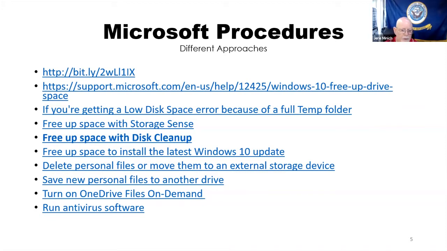Item number 2, support.microsoft.com/en-us/help/12425. That takes a while, and you can make mistakes in typing it in. If you convert that to a bit.ly, which I have done in many cases during this presentation, then you get a shortened address to put in the address bar.